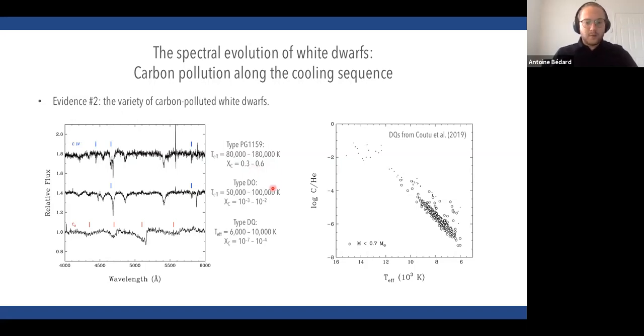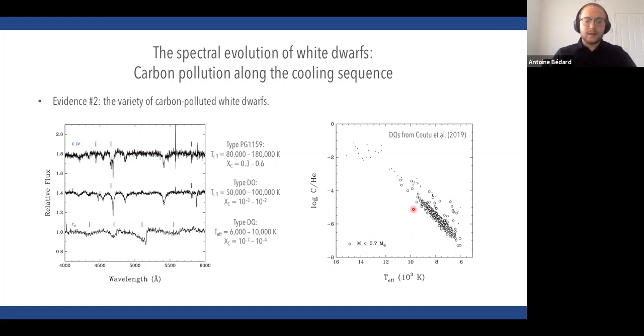We also have the DO white dwarfs, which are cooler and sometimes show carbon with smaller mass fractions. And at much lower temperatures, we have the well-known DQ white dwarfs, which have helium-rich atmospheres with very small traces of carbon. And the DQs show a very interesting carbon abundance pattern, which is shown here on the right.